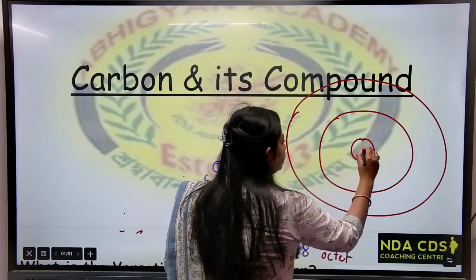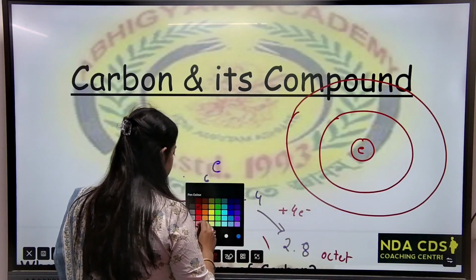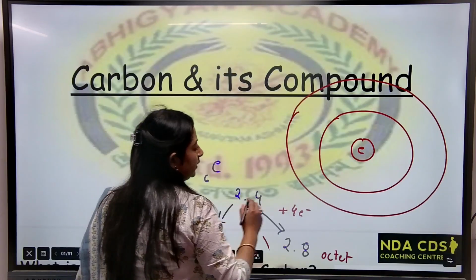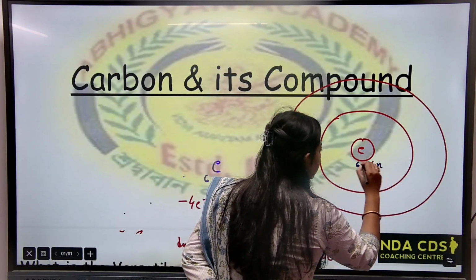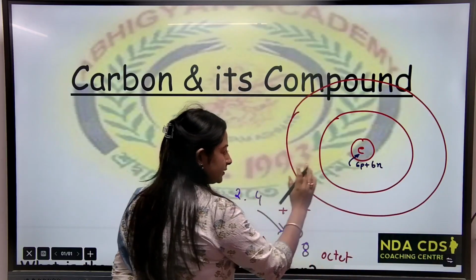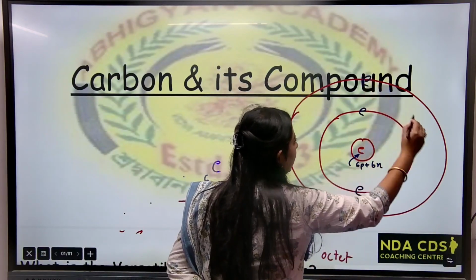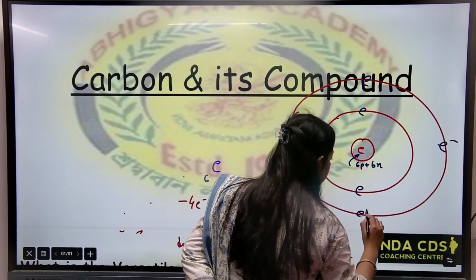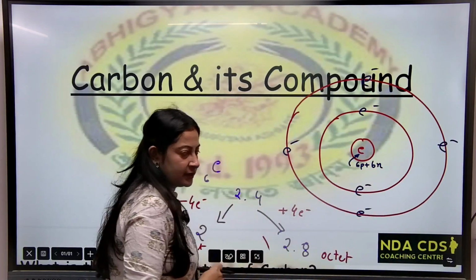So for carbon, it has 6 protons and 6 neutrons in its center, and it has 2 electrons in the first shell and 4 electrons, 1, 2, 3, 4, in its outermost shell.